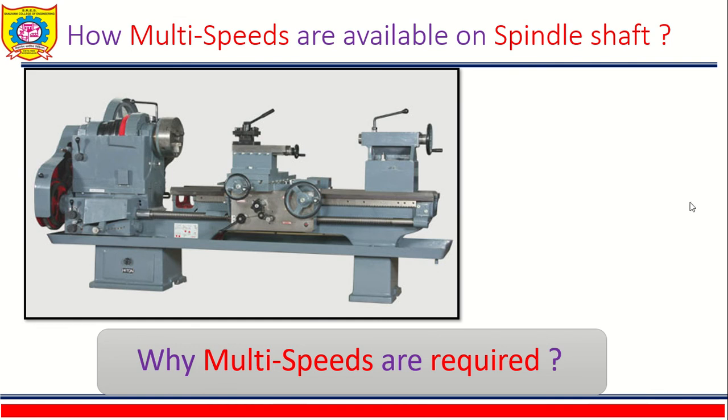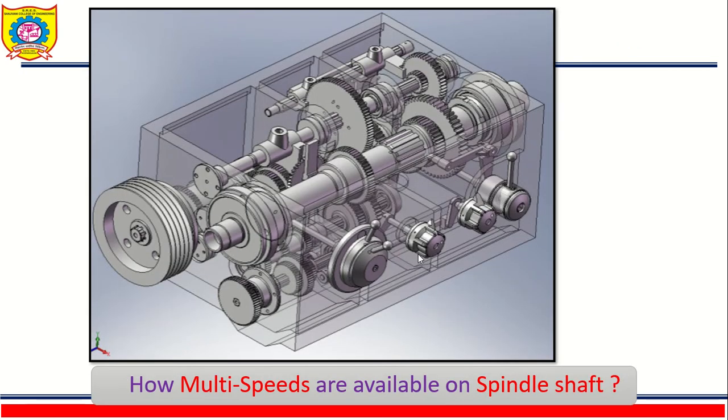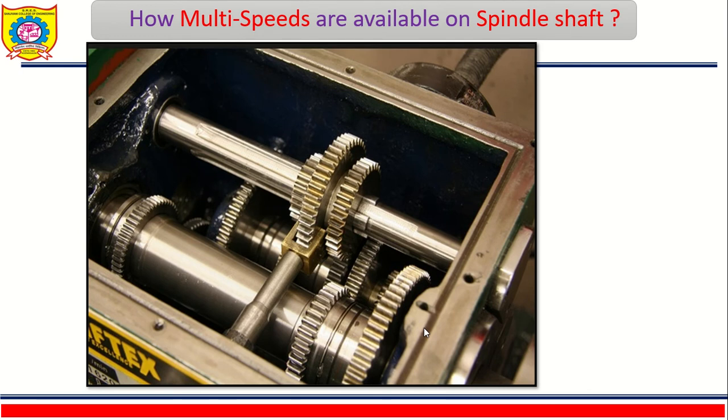This is an example of the lathe machine where we require multiple speeds. This is one of the gearboxes, and this is the top view of the lathe machine. You can observe the sliding arrangement: on this shaft there are gears which we can slide from one location to another.